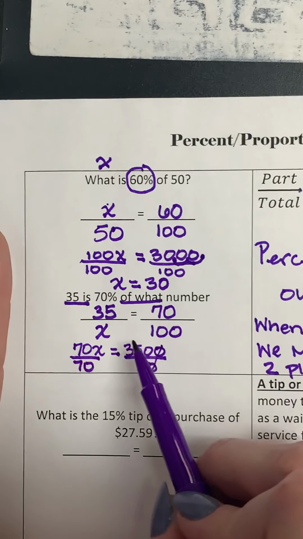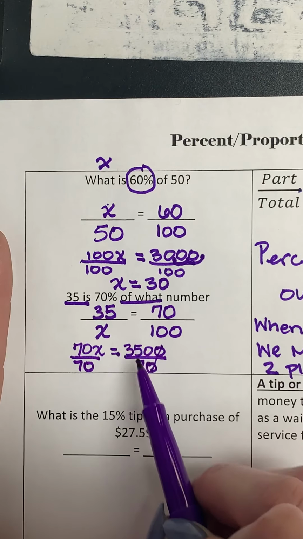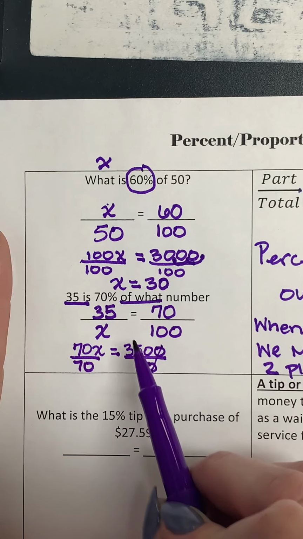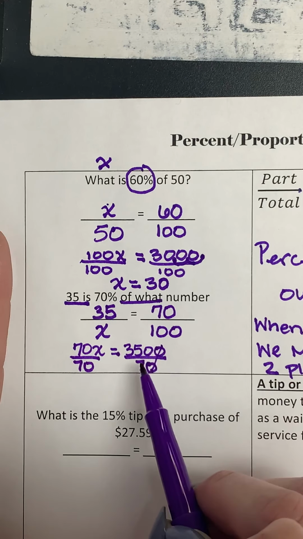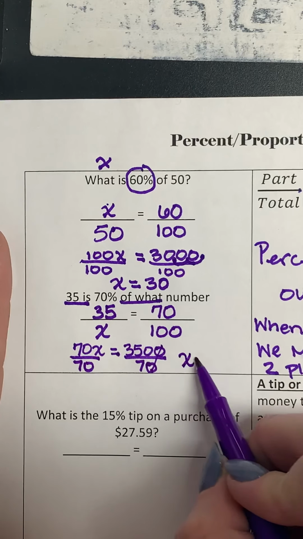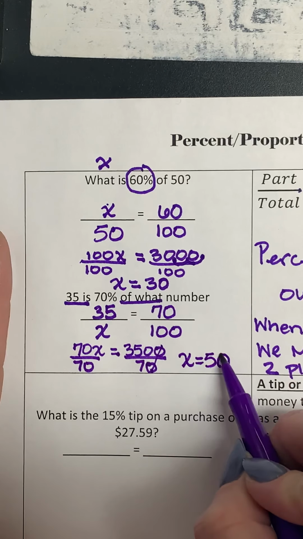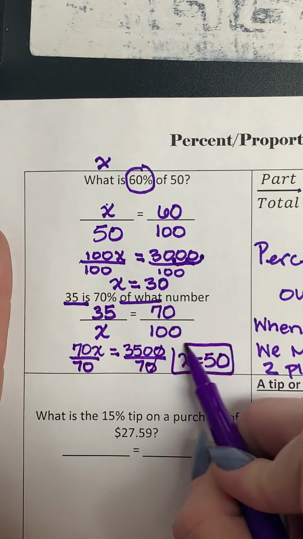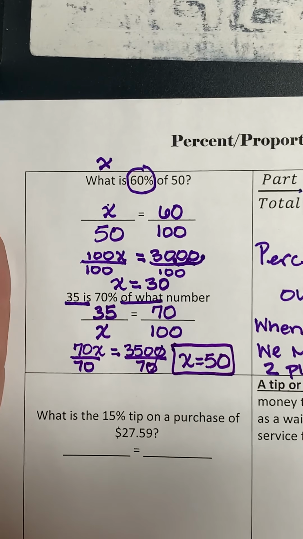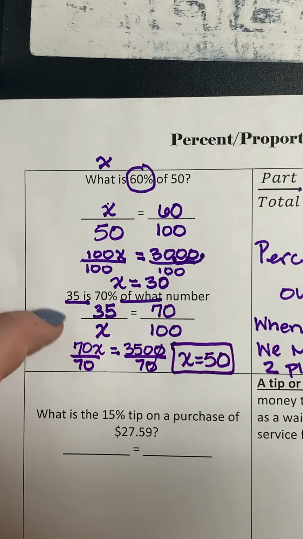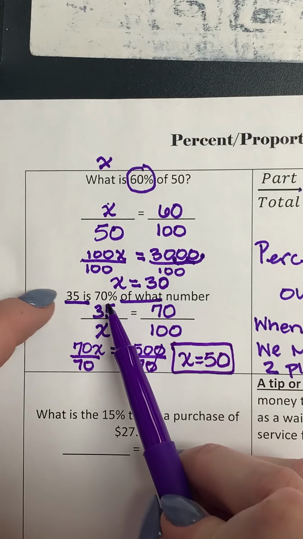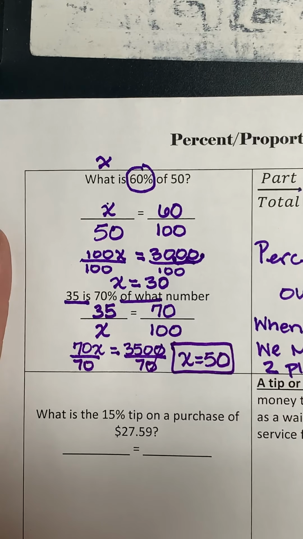And then I'm going to mentally ask myself, 35 divided by 7 is 5. So 350 divided by 7 would have to be 50. So 35 is 70% of 50.